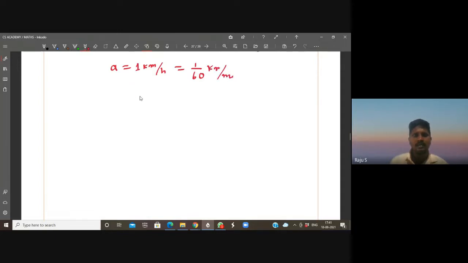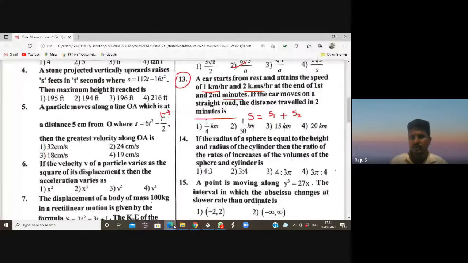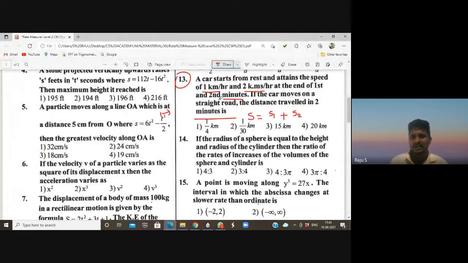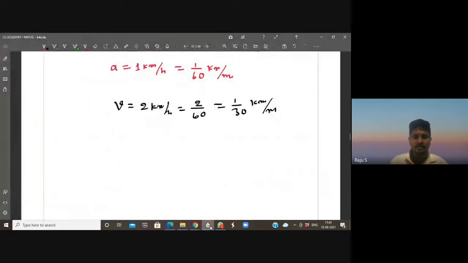In the same way, at the end of the second minute the speed V is equal to 2 kilometer per hour, which is 2 by 60 is equal to 1 by 30 kilometer per minute. I converted to minutes because in the question they mention the distance traveled in 2 minutes. In 2 minutes, how much is traveled?